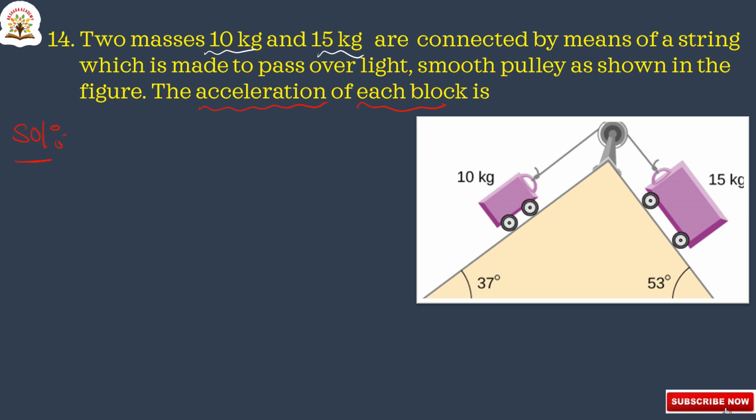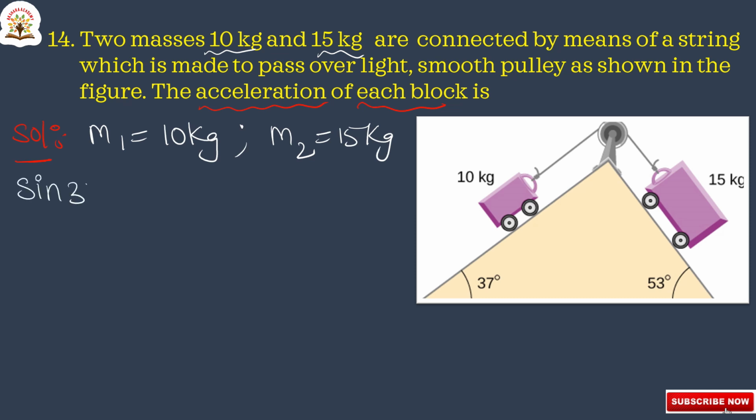Here given m1 is equals to 10 kilogram and m2 is equals to 15 kilogram, and sine 37 degrees is equals to 3 by 5 and sine 53 degrees is equals to 4 by 5.